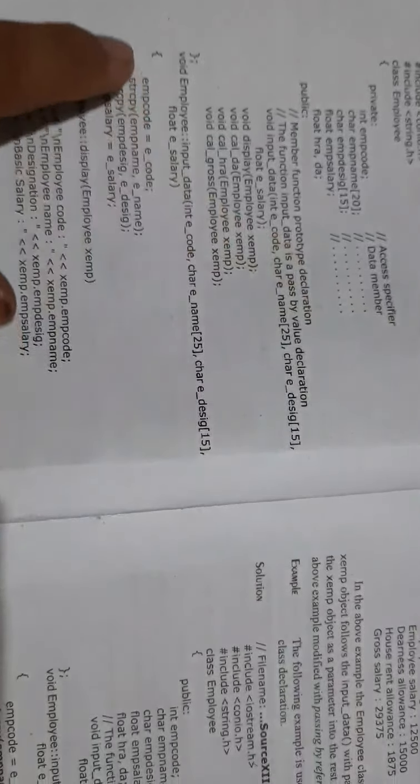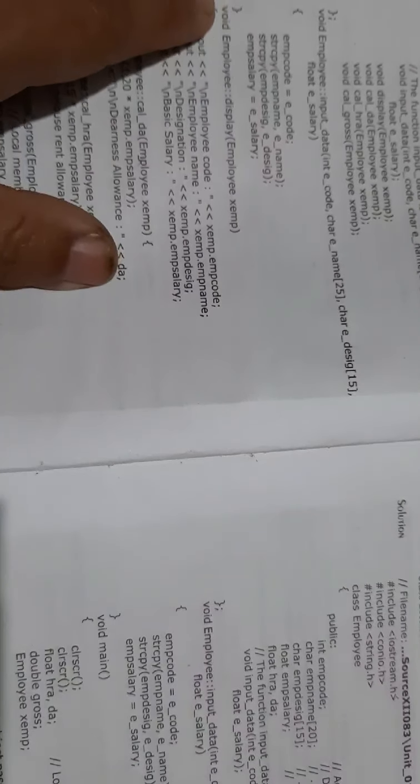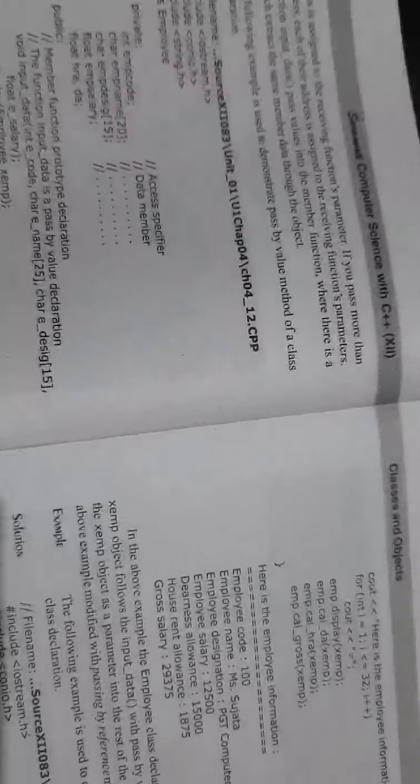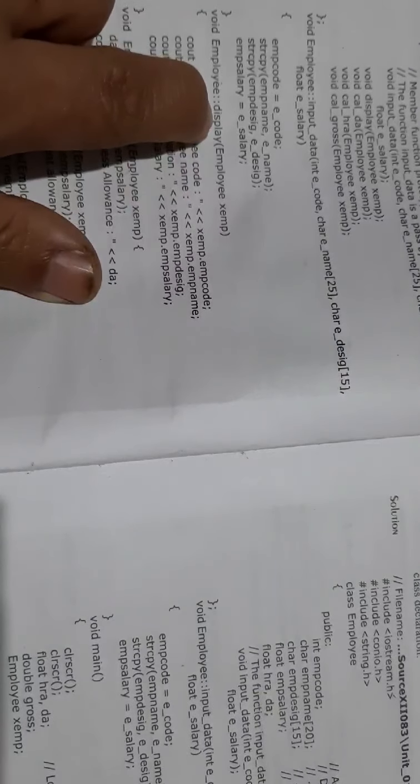So that object will be passed here. This member function display will take in that object of type class employee.